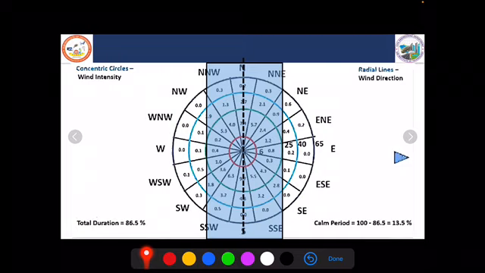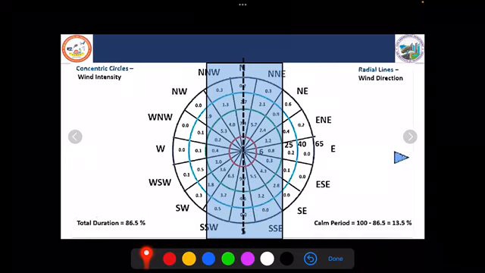Now we have to find out the wind coverage in this direction. To determine the wind coverage, you can see that some values are visible inside the transparent strip. Add all the values which are visible inside the transparent strip.